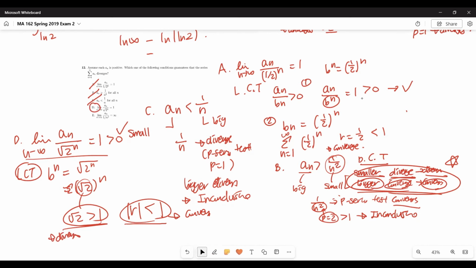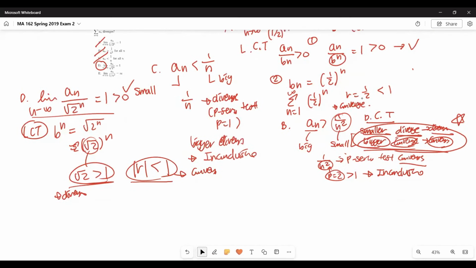But we're going to look at option E too. Option E says limit as n goes to infinity of a to the n over 1 over n squared. For this one, we're also going to use the limit comparison test, and this is equal to infinity. Since the limit comparison test says a to the n over b to the n has to be greater than 0 for the first condition, it's met because it's infinity. So first one is done.